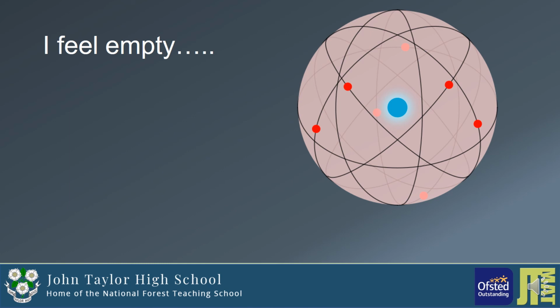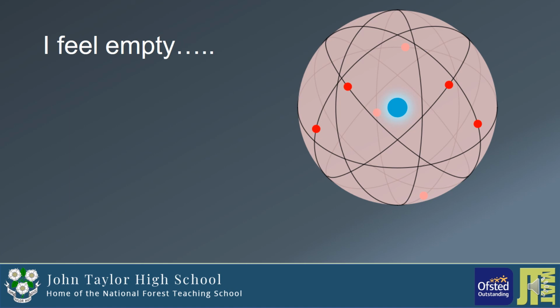Now, the calculation can be quite tricky, and the way it's done in the solution is to first work out the percentage of the atom's volume that is actually the nucleus. That's easier because your calculator will cope with the answer, and it comes out as something along the lines of 1.5 times 10 to the minus 11% is the nucleus by volume, which means the rest of it, 100 take away that, is empty.